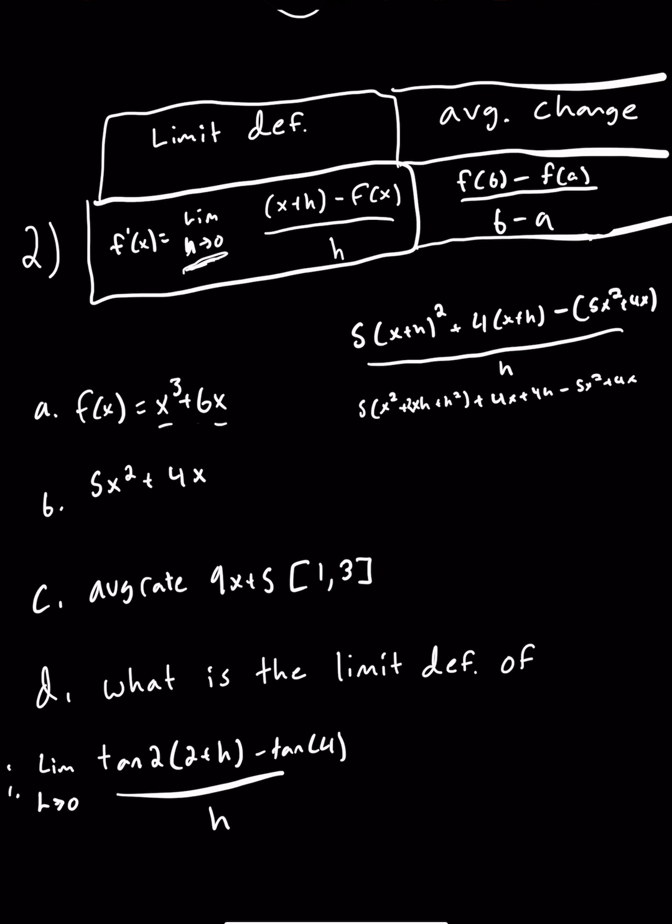Distribute, so 5x squared minus 5x squared, these are going to cancel out. Then we have 10xh, then 5h squared, plus 4x plus 4h.